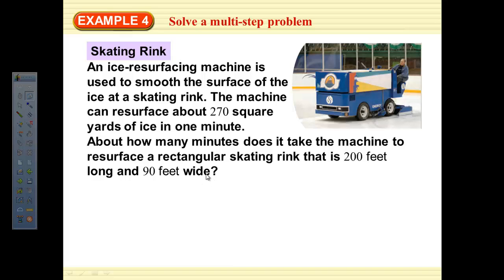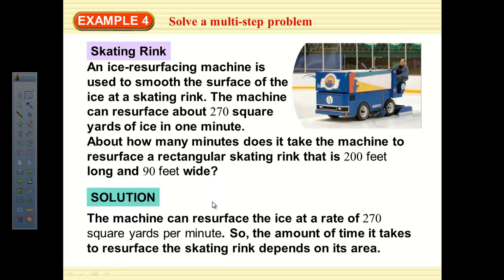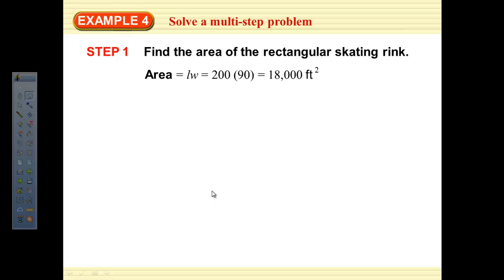And we want to know how long it takes for this machine to resurface the whole skating rink. The first thing that we need to do is figure out the area for the rectangular skating rink. So in order to do that, we're going to do length times width, which gives us 18,000 square feet.